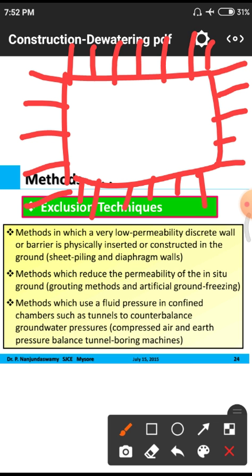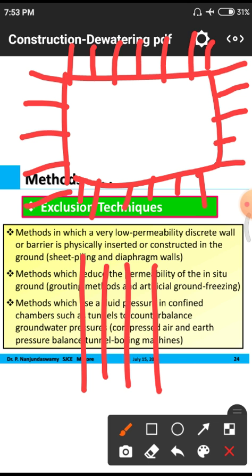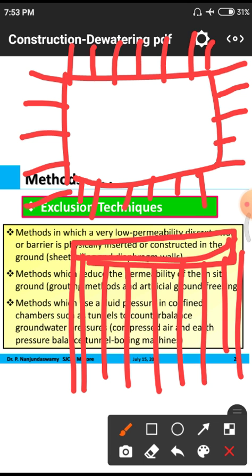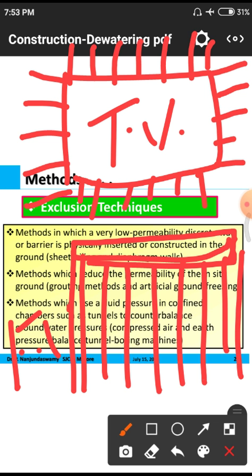This is only the top view. In the side view, we have to use this kind of sheet piles. This is only one layer. This is the top view, and this is the front view of a particular structure. In it, we have different sheet piles.